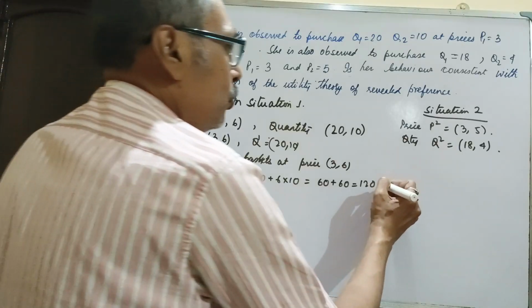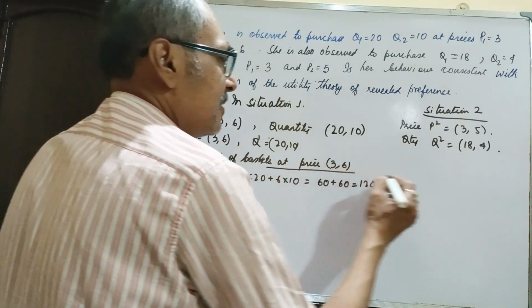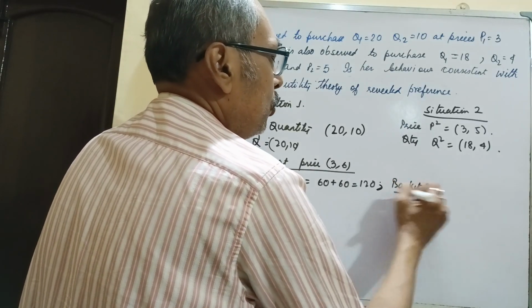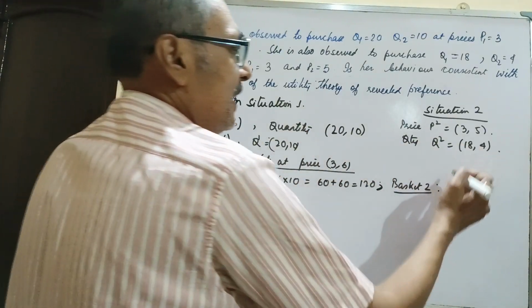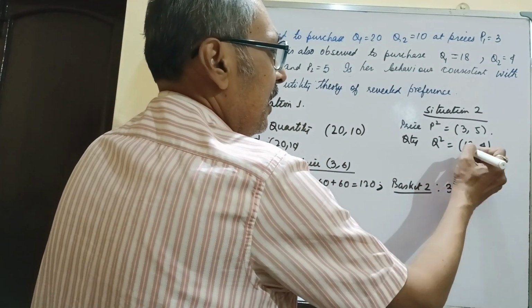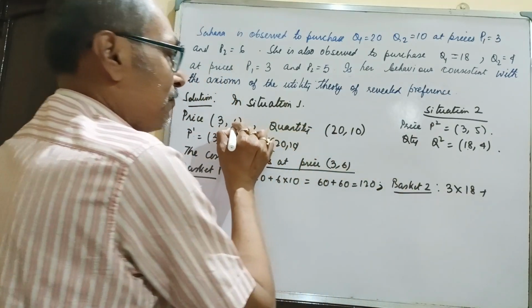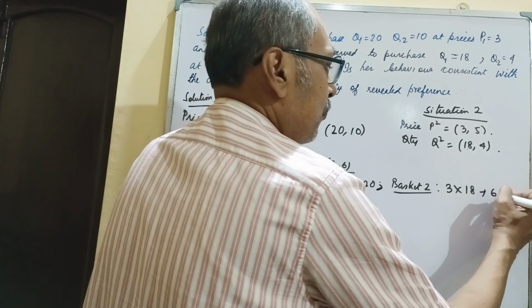And basket 2 at this price: the price is 3, quantity is 18, plus when the price is 6 for the second commodity, quantity is 4.